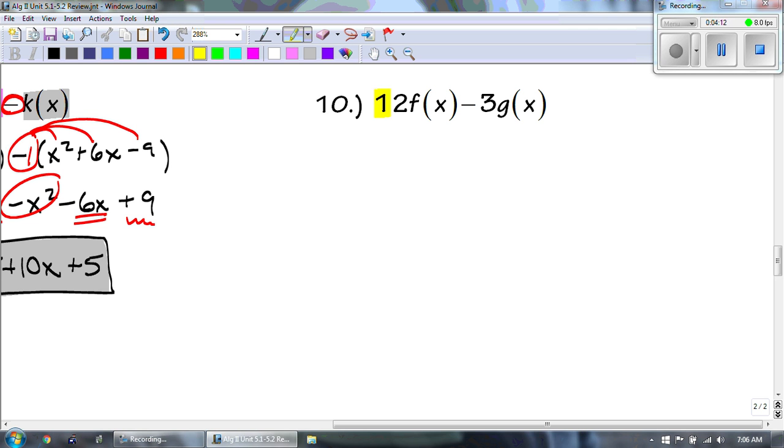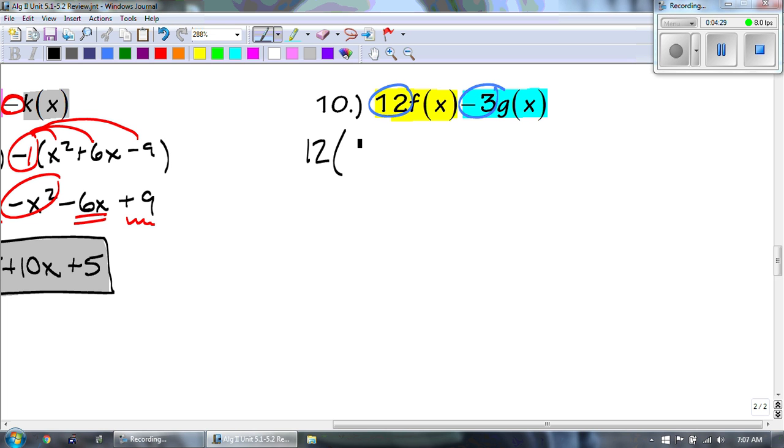So for number 10, I have 12 times f of x, and then -3 times g of x, okay? Whatever is out front, we're going to be distributing or multiplying to the function.